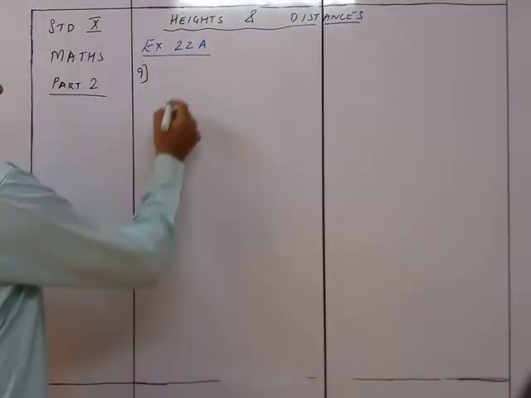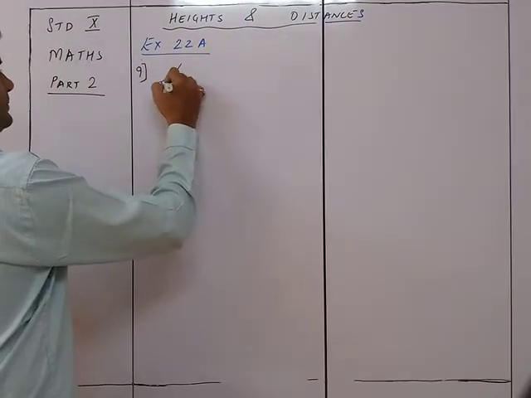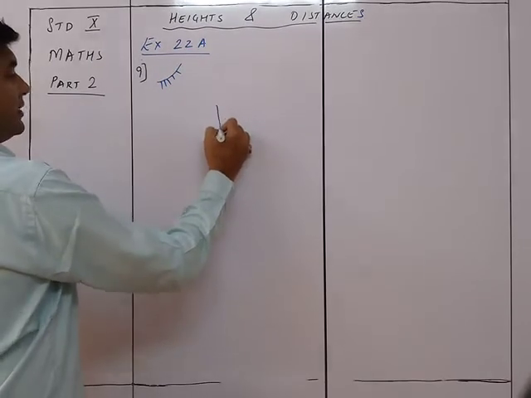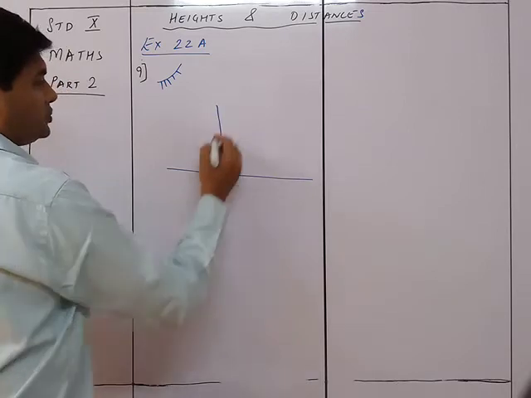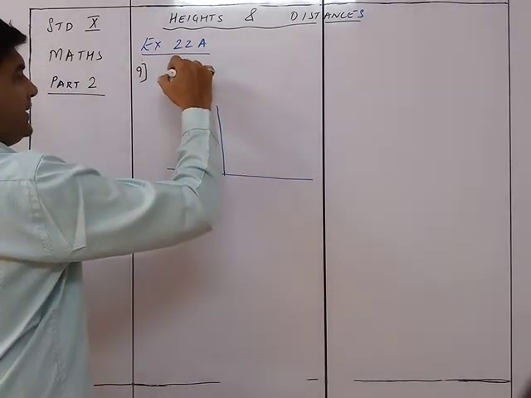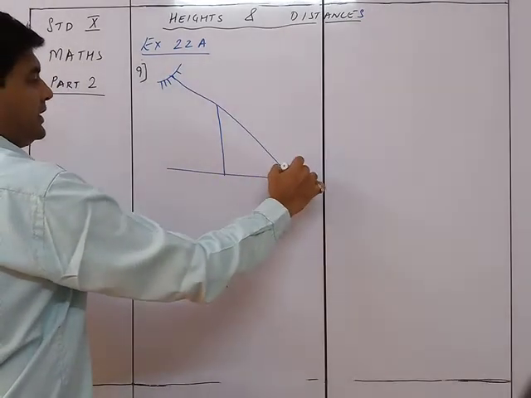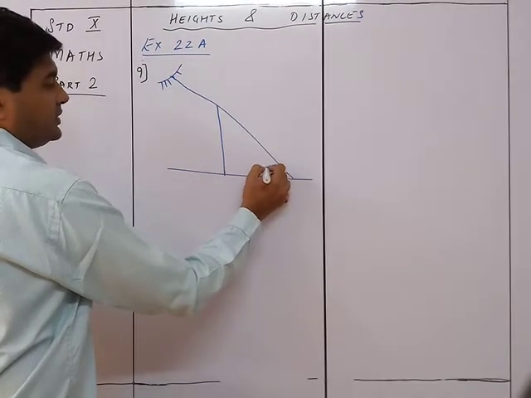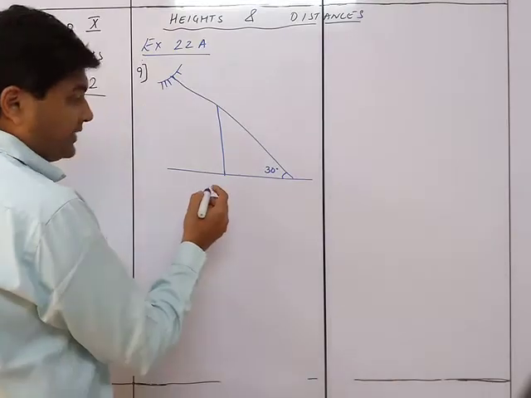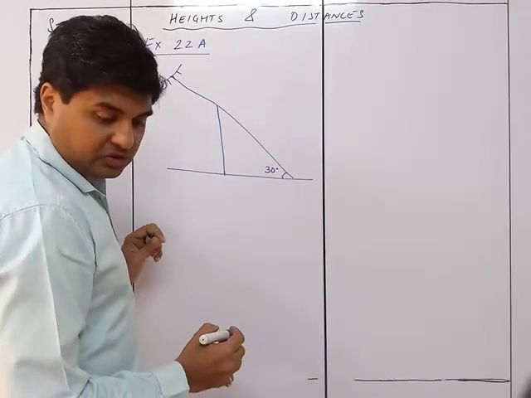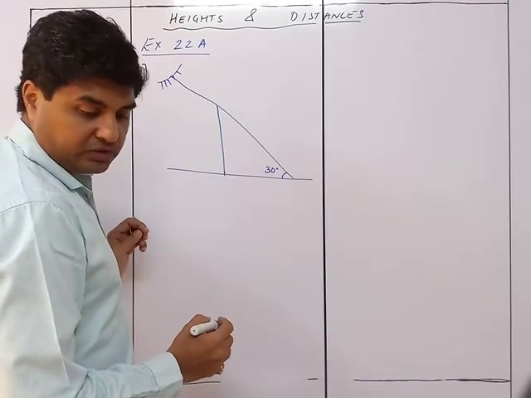So it is this way that if this is the sun, this is the tower, this is the ground part. So we know that if the sun's altitude is 30 degrees, then the length of the shadow of the vertical tower is 45 meters.